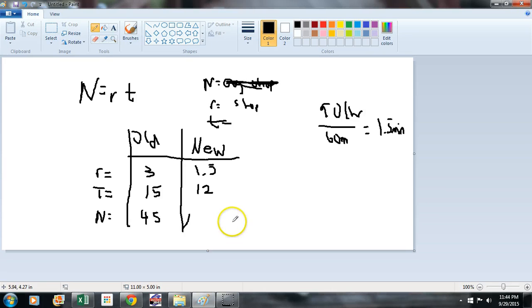We do the same thing for the new store. N equals RT, so R is 1.5, T being 12, and 1.5 times 12 gives us a value of 18.